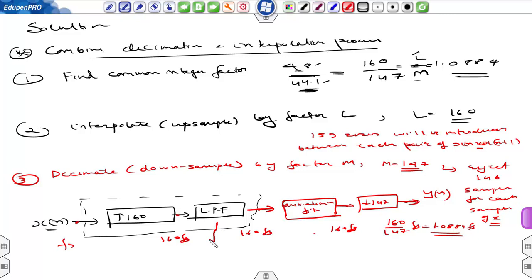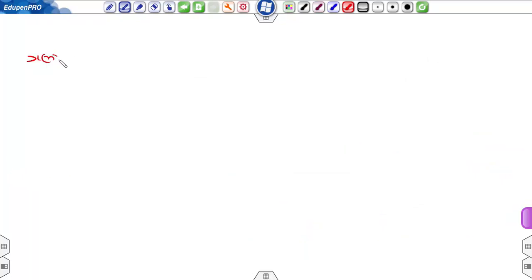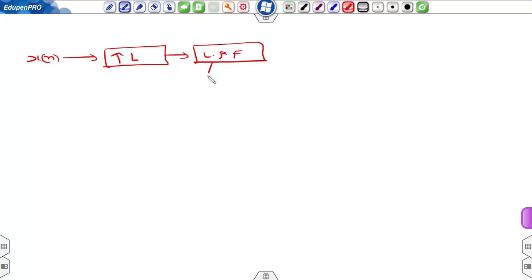The cutoff frequency of this low pass filter will be pi by L, and the cutoff frequency of this anti-aliasing filter will be pi by M. Now these two filters can be combined like this: input signal x[n], upsampling by factor L, and a low pass filter that is designed to eliminate spectral images and to avoid aliasing.